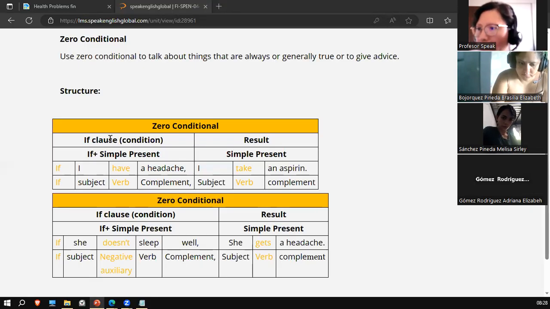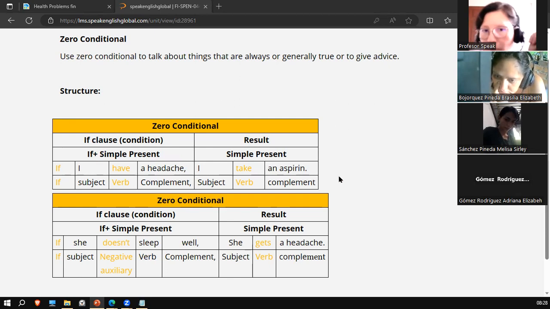Entonces, ¿qué pasa acá? Lo mismo, ¿verdad? We have two clauses. Hay dos cláusulas. Una que se llama if clause, ¿verdad? Que contiene la condición. Y la otra es la result clause, que es la que tiene el resultado. En ambas cláusulas usamos present simple, ¿verdad? Y digo, if I have a headache, I take an aspirin.